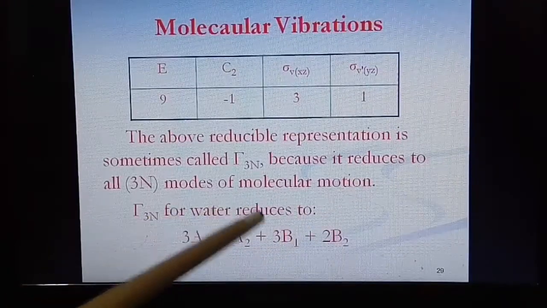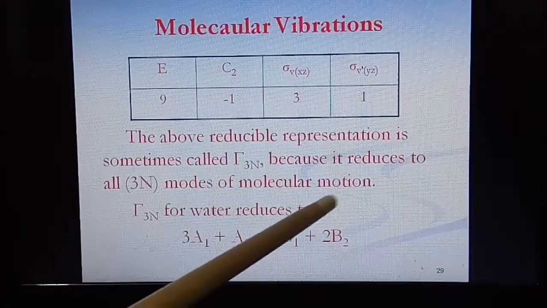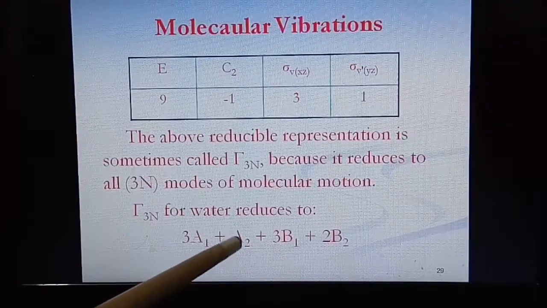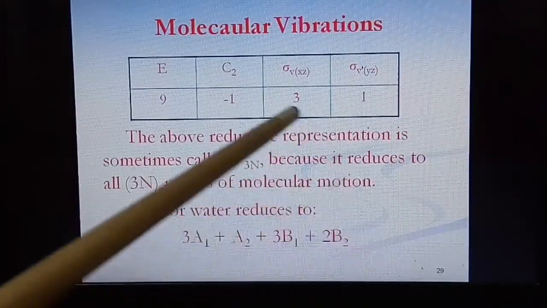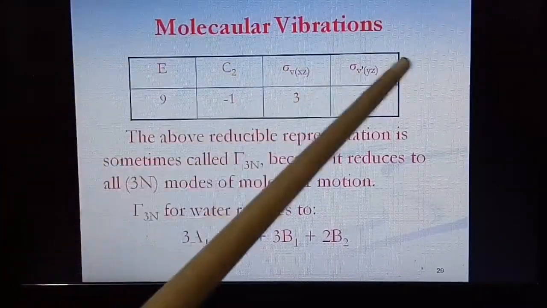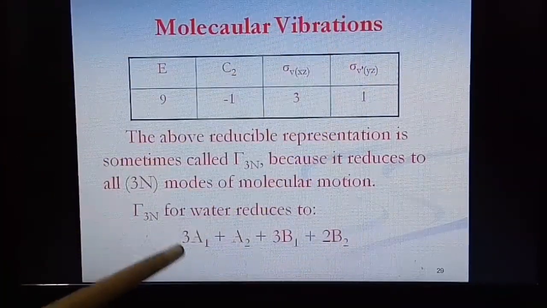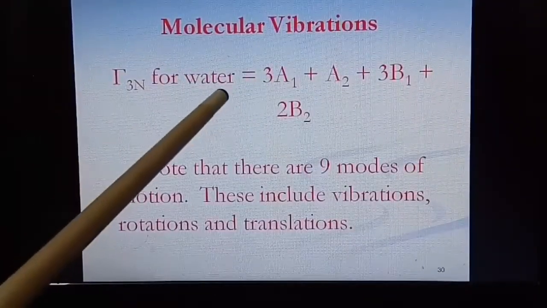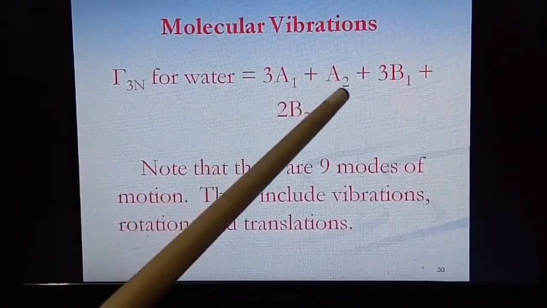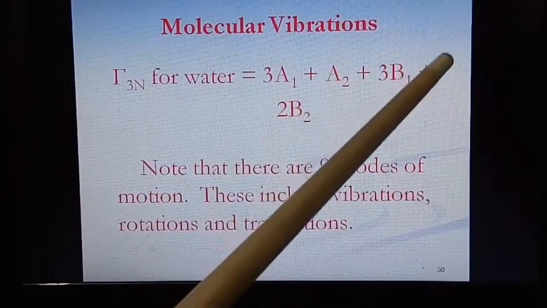So tau 3n for water reduces to 3a1 plus a2 plus 3b1 plus 2b2. It means this is the reducible representation and this is the irreducible representation. Tau 3n for water is equal to 3a1 plus a2 plus 3b1 plus 2b2.